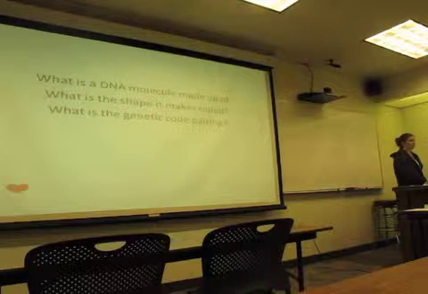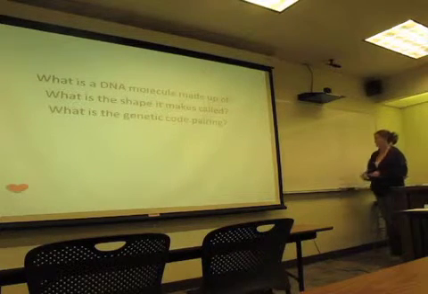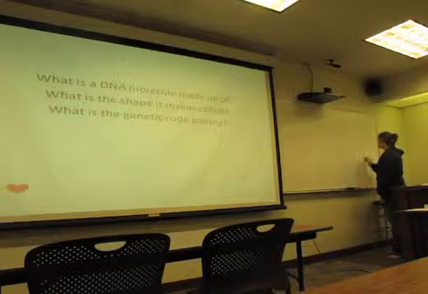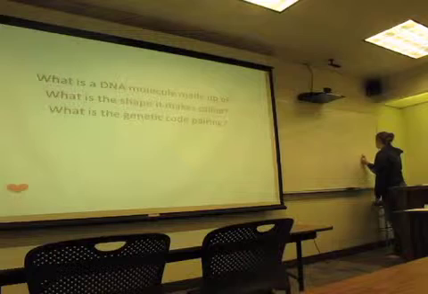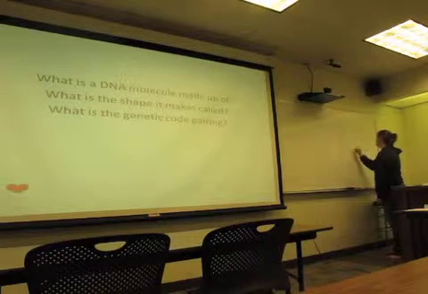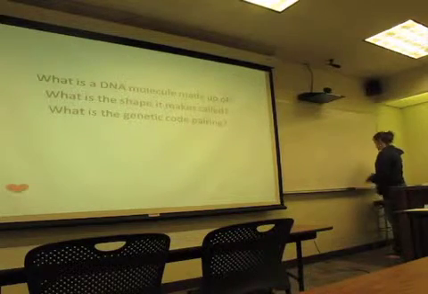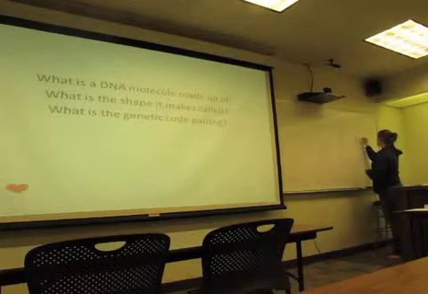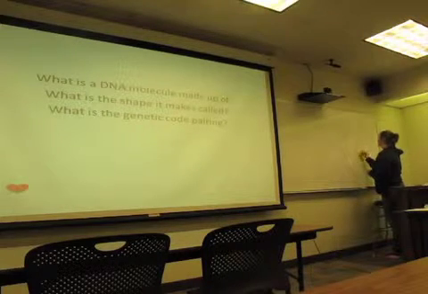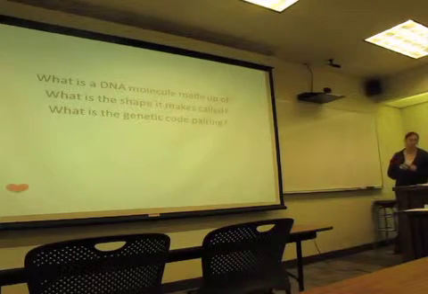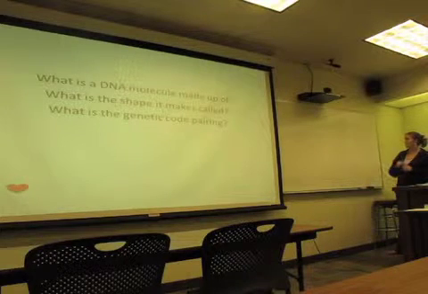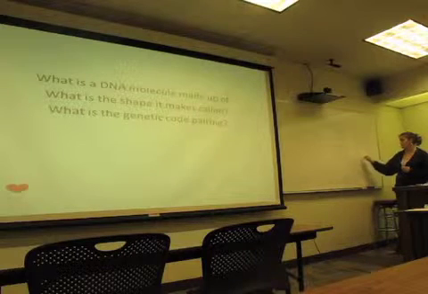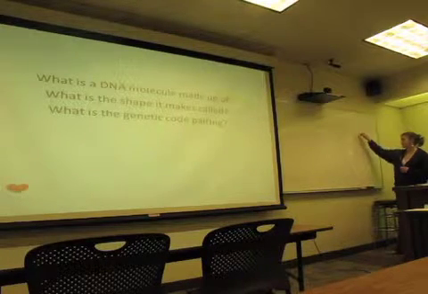AT, adenine and thymine, and then I always remember they met at G meets C. These are the two pairs that match. A is always going to be with T, G is always going to be with C, whether it goes CG or TA, it doesn't matter.